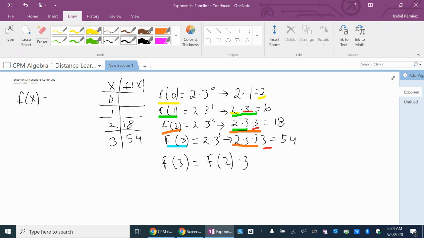Now, f of 2 is simply a variable. So imagine that instead of using function notation, I would have used y. Then the way that I would have written this is y times 3, since you always put the coefficient in front of the variable. So I am going to use the commutative property and switch the 3 and the f of 2, just so it makes a little more sense.